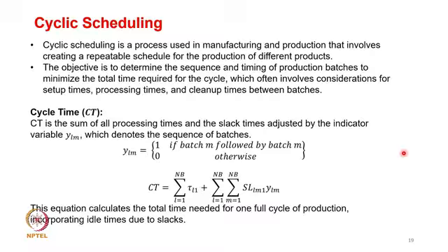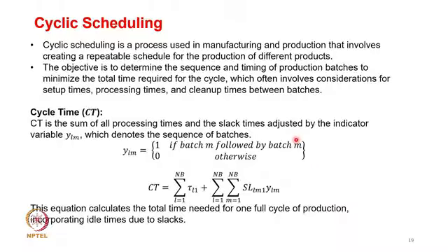The objective here is to obtain the sequence and timing of the production batches to minimize the total time required for the cycle, which often involves considering setup time, processing time, cleanup time, transfer time, everything. We have seen how we compute cycle time, and we wanted to compute that, and eventually we would like to optimize it.